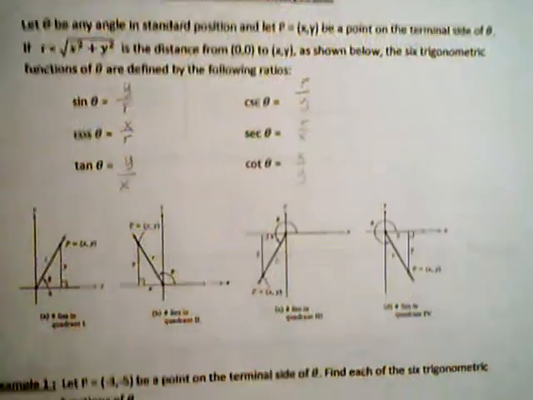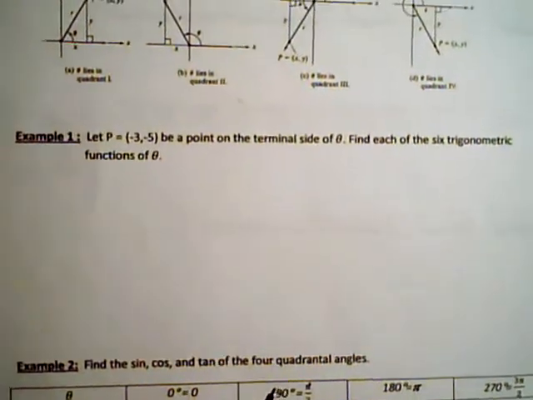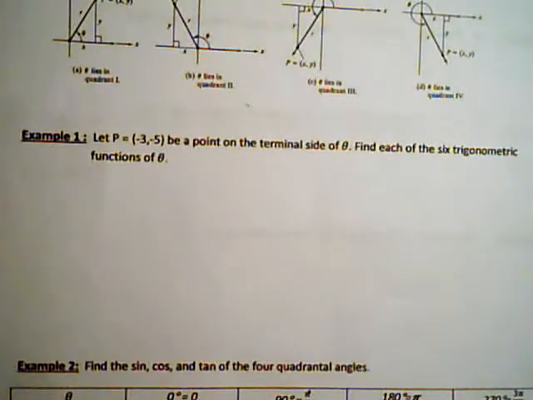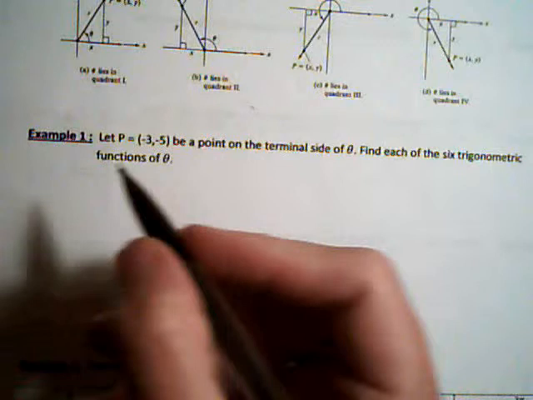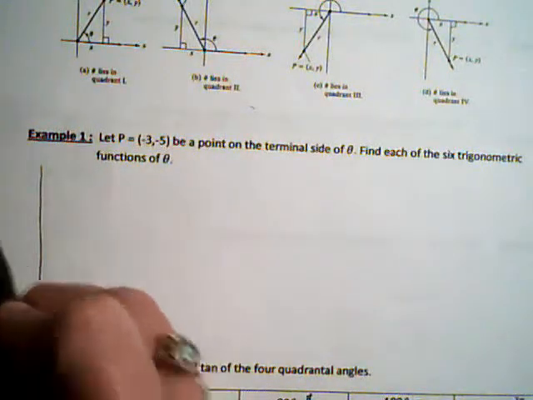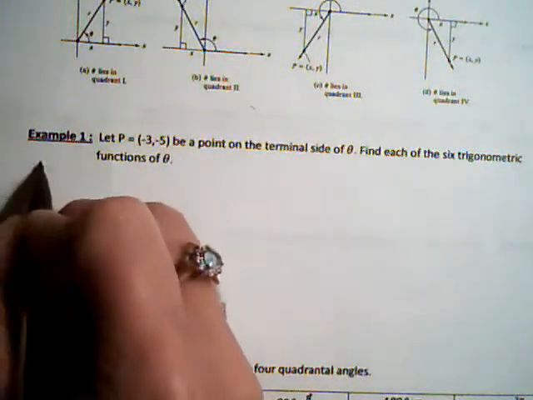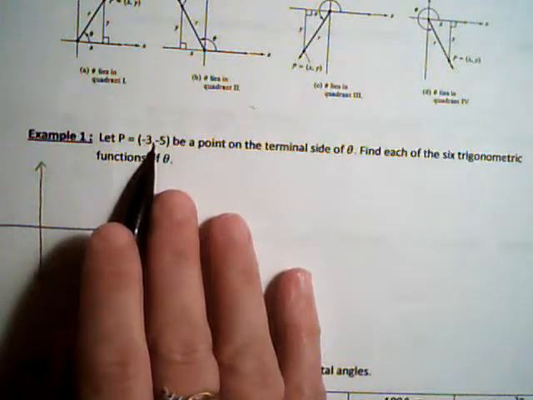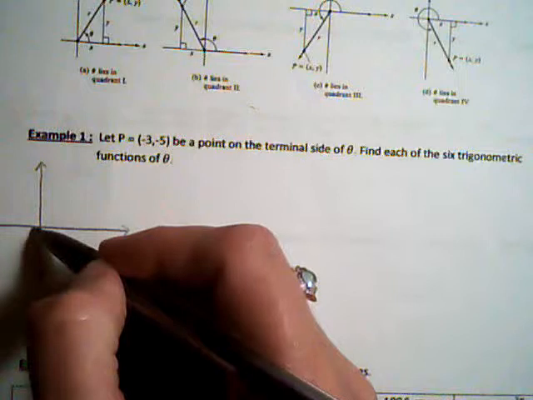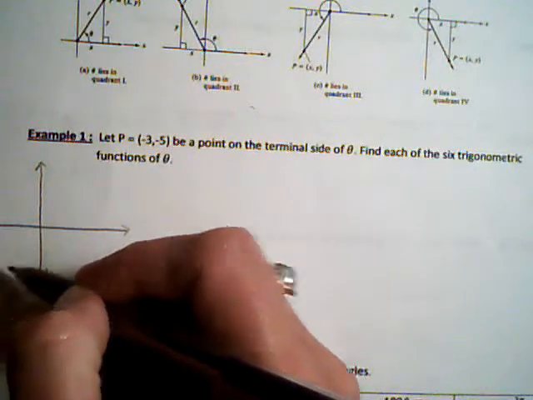So let's look at the first example. It says let P equal the ordered pair (-3, -5), a point on the terminal side of theta. We want to find the 6 trig functions. If we draw a diagram, we know that (-3, -5) would be in the 3rd quadrant.